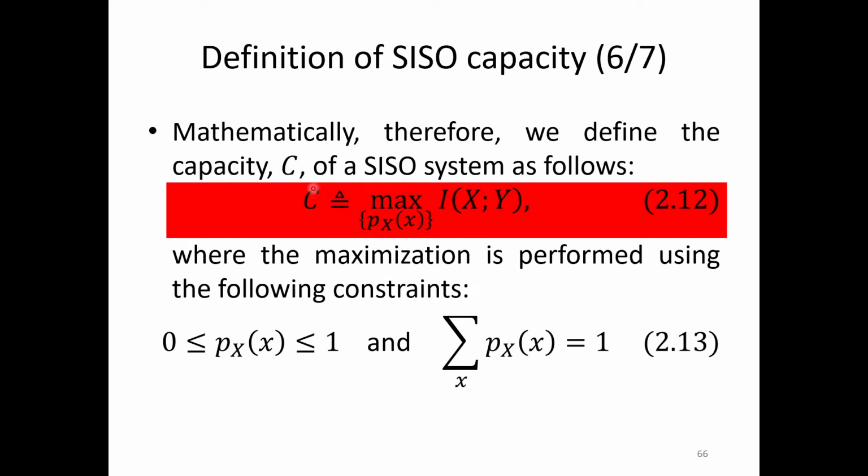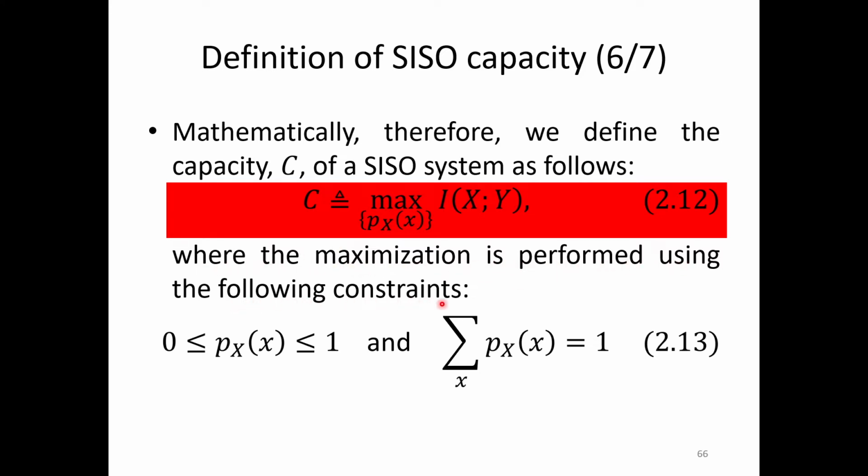The capacity C is defined as the maximum of I of xy, the average mutual information of x and y, over all possible P capital X of small x. That is over all possible probability mass functions of the random variable capital X, where the maximization is performed using the following constraints.